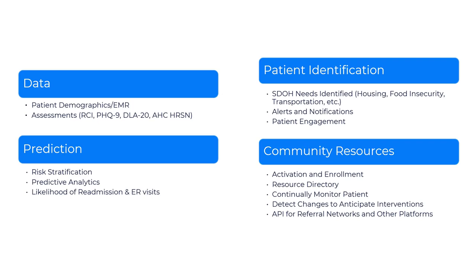And if you're continuously monitoring those type of things, then you can identify the changes and whether a patient or consumer needs different resources. Alerts and notifications can be available to you for that, and that just facilitates some patient engagement.